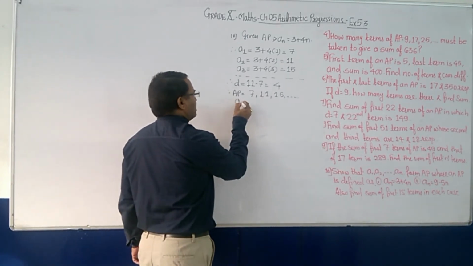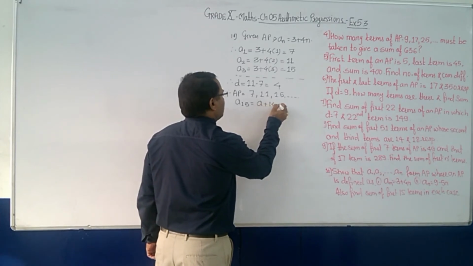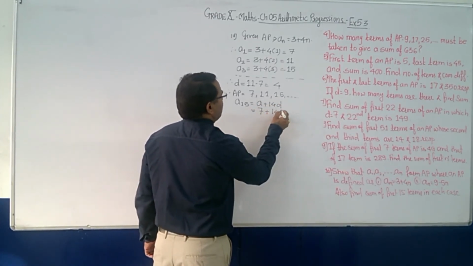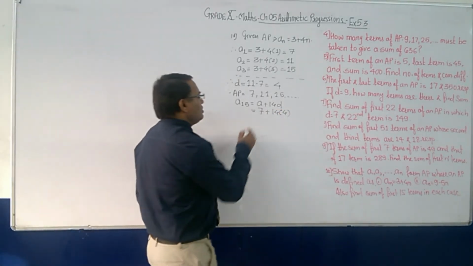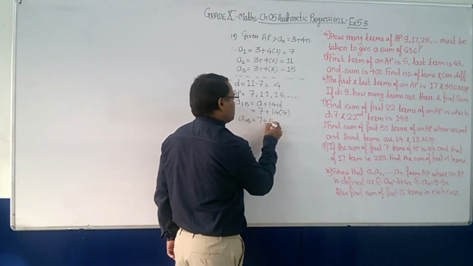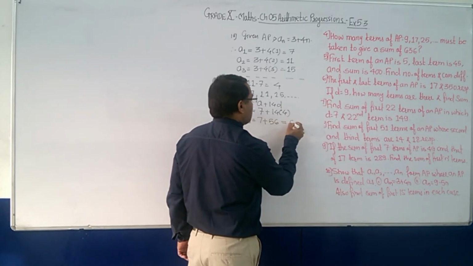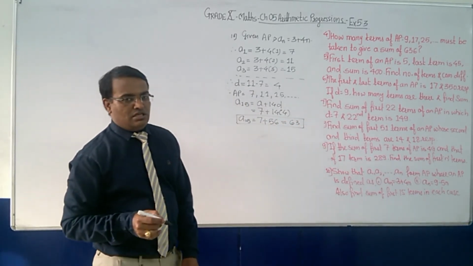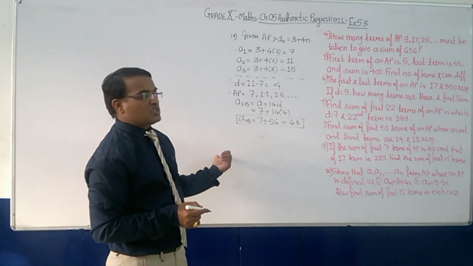So in this case, if I want to find a15, what will it be? a plus 14d, where your a is 7 plus 14 into d, which is 4. So your a15 will be 7 plus 14 4s, which are 56. 56 and 7 is 63. Is it so? Yes, because 14 4s is 56, 56 plus 7 is 63.